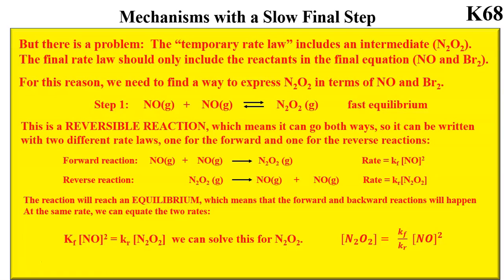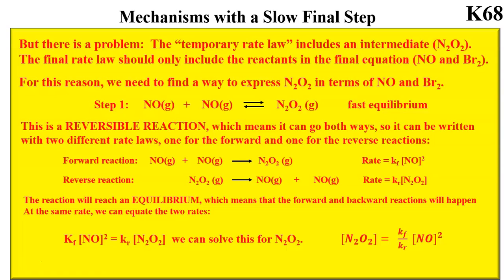So it can be written with two different rate laws, one for the forward and one for the reverse reaction. The forward reaction is just what you see in step 1: NO plus NO gives you N2O2. But it can also be written in the other direction, with the arrow going backwards, so the reactant would be N2O2 going to NO and NO. Now you can write the rate law for each of these two reactions.